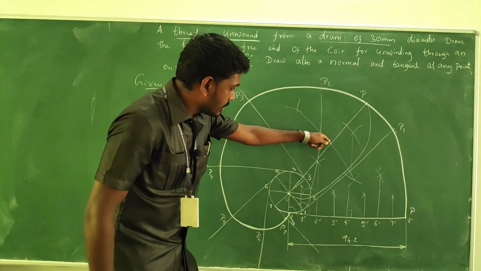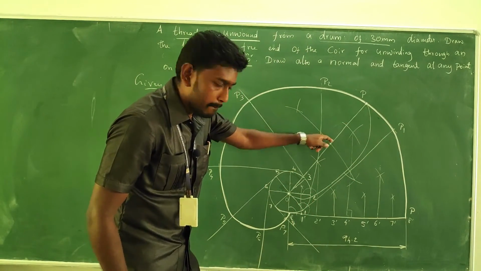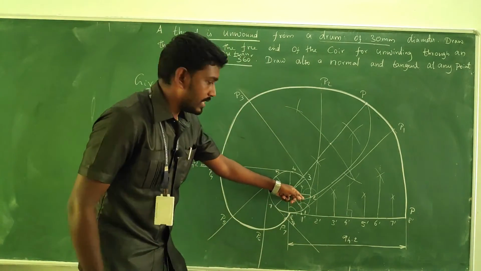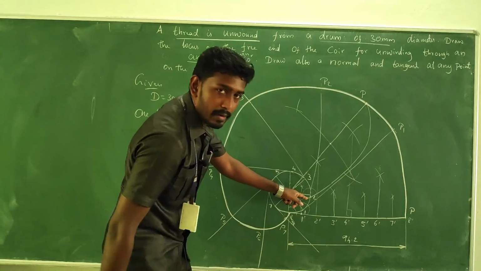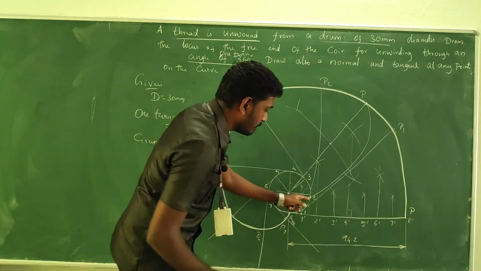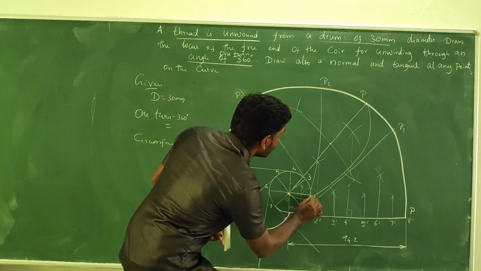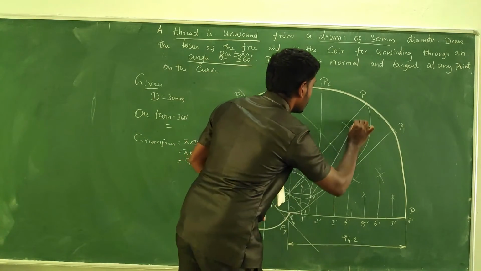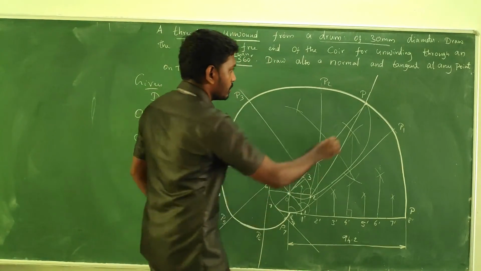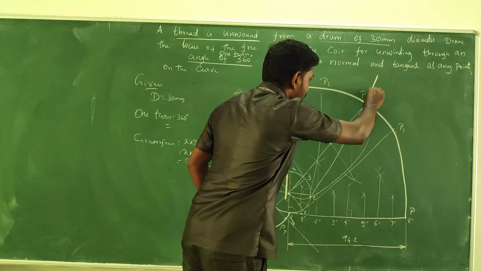When you draw the semicircle, it will intersect the base circle which we drew initially. From that, if you take a line to the chosen point P, it is your normal. So you can make this a dark line.